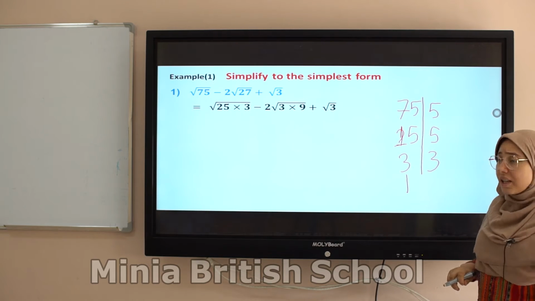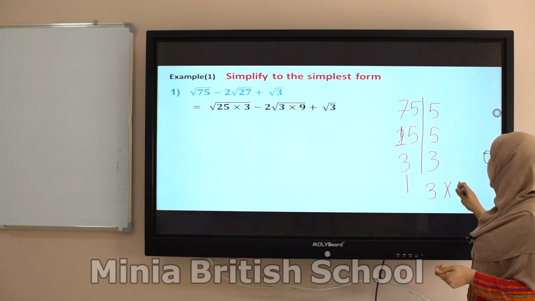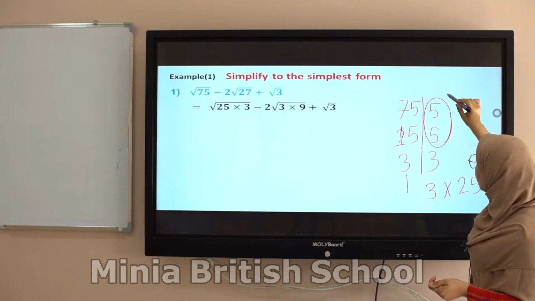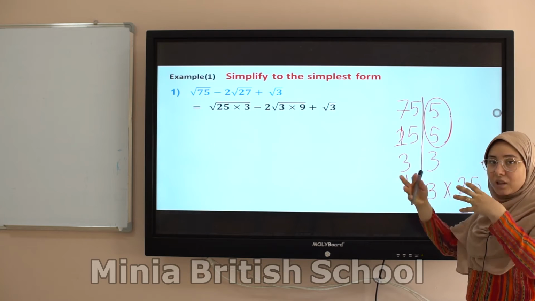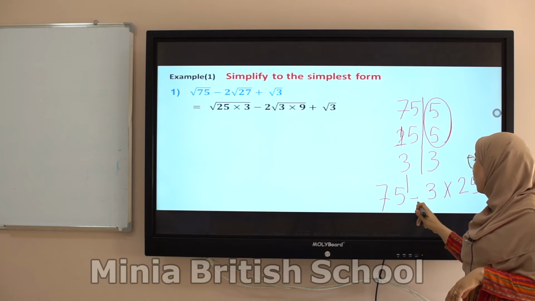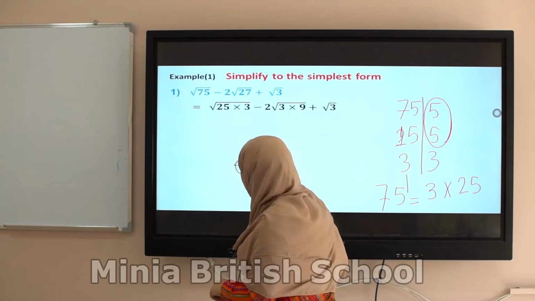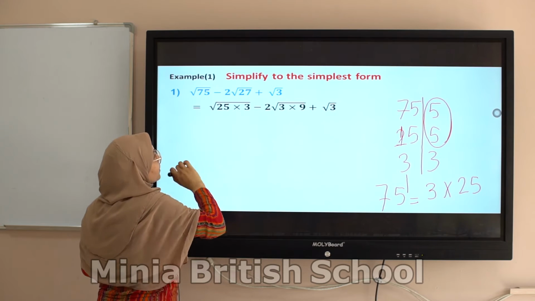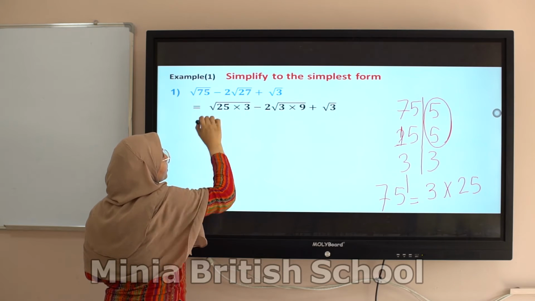So you can write 75 equals 3 times 25, 5 times 5. I will take 5 in one group, to make it a perfect square. So 75 equals 25 times 3. And also negative 2 root 27.